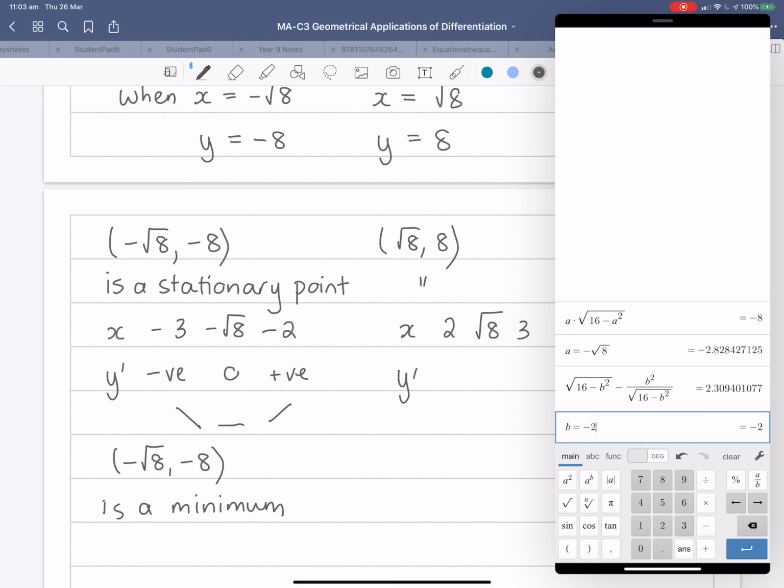And on the other side, testing 2. Notice these same numbers are coming up. I suspect we might be dealing with an odd function. So it's positive there. So an increasing function. Flat there, and if we substitute in 3, it is negative, so decreasing.